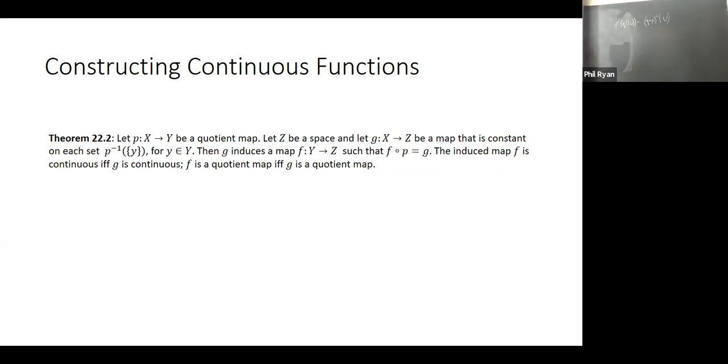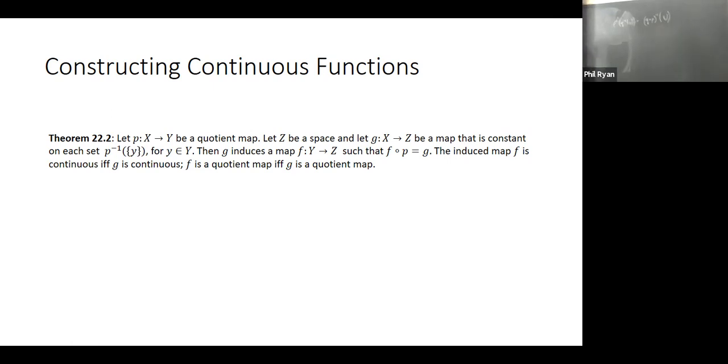So let's say we have a quotient map, and let Z be some other space, and we've got some function between X and Z, and it's a map that is constant on the fibers of P, right? So it respects the saturation, respects the quotient map.